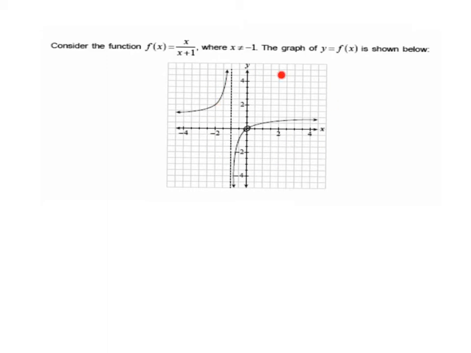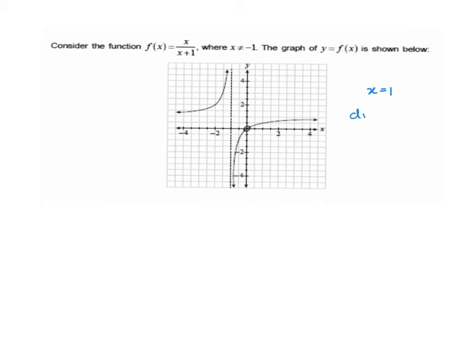So here's the graph. The first part of the question is to draw the tangent to the curve at the point when x is equal to 1. So x is equal to 1, and we're going to draw the tangent.